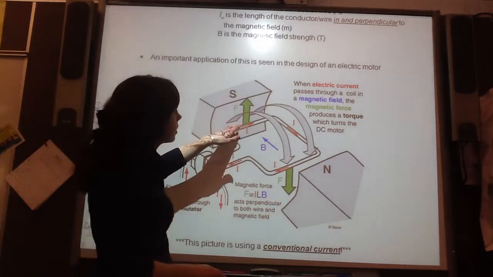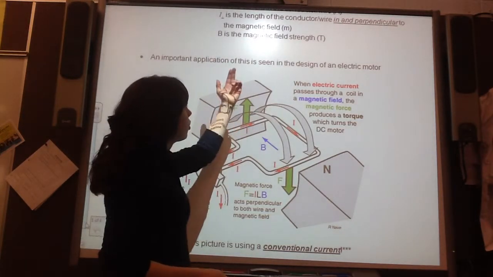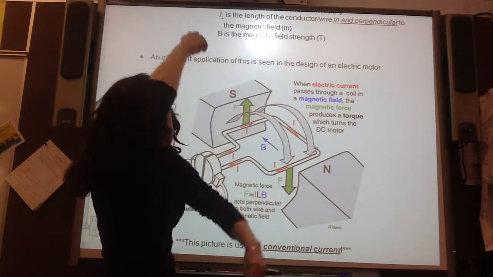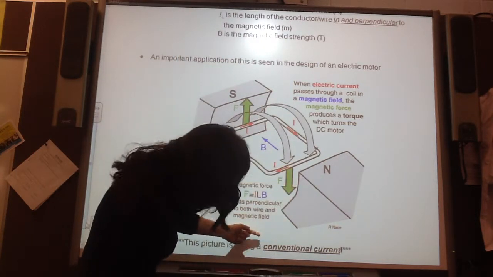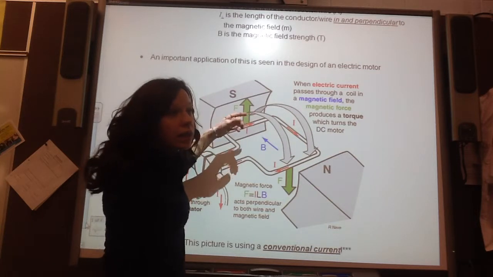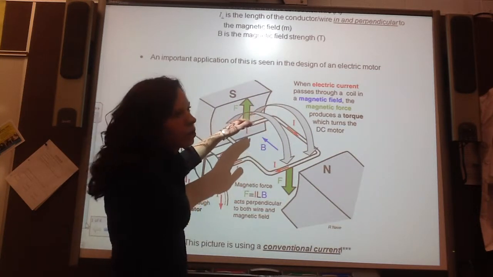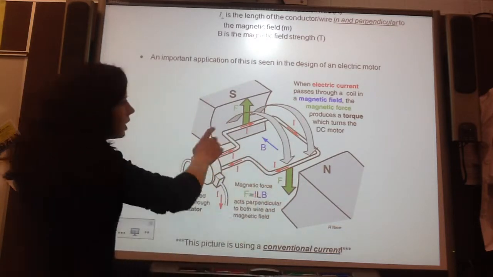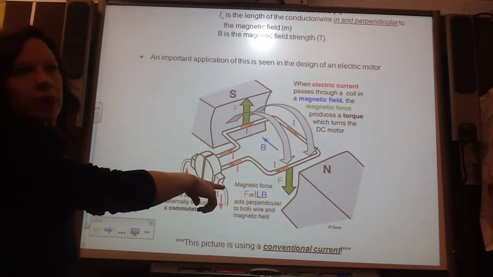So on this part of the wire, it would be forced up, and this part of the wire is going to be forced down. So it just keeps going. Once this wire comes down and around and gets here, the electric current, it's actually a conventional current at this point, will be forced up.